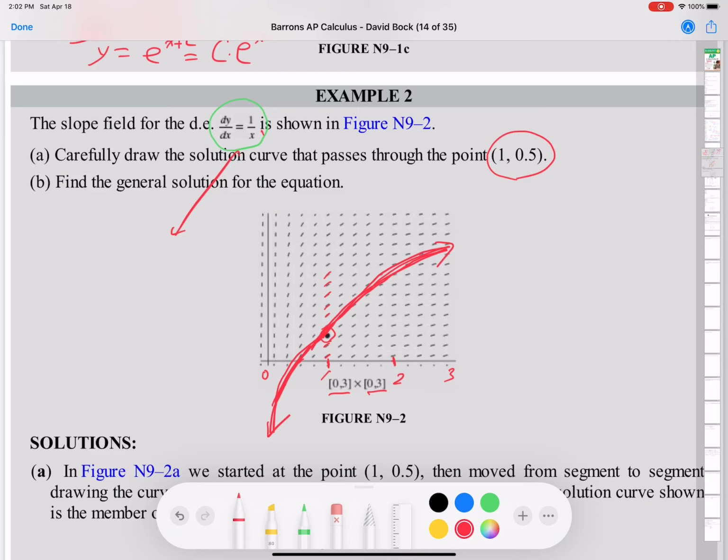Because those tiny slope lines look like they go parallel to the horizontal line as x gets bigger, and then the slope is smaller, right? If x is 1, the tangent line slope is 1, but if x equals 3, it's 1/3, right? If x equals 100, it's 1 over 100, almost 0, right? So, like concave down. That makes sense, right?